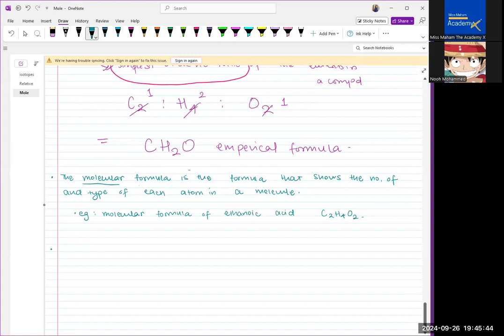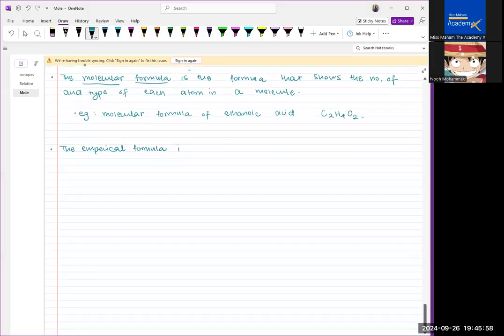Then coming to empirical formula: the empirical formula is the simplest whole number ratio of the atoms of each element present in one molecule or formula unit of the compound.